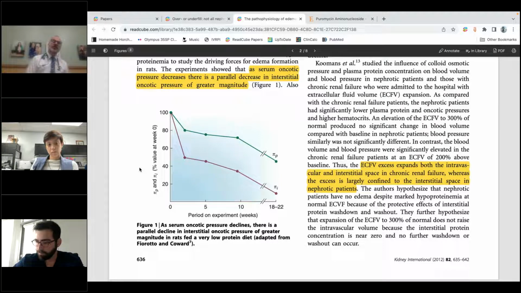So this shows us from a model standpoint that as we have reduction in our plasma oncotic pressure, the interstitial oncotic pressure is reduced as well.